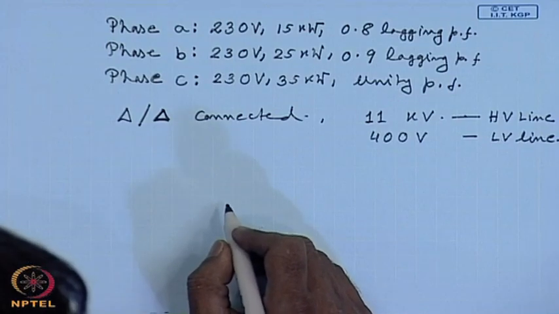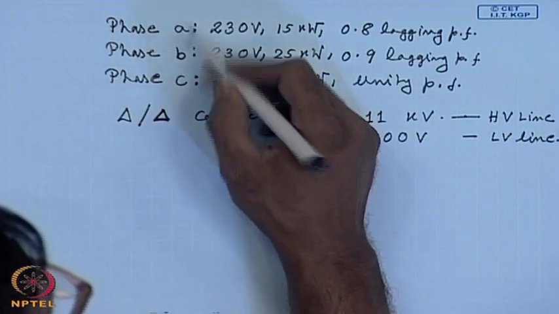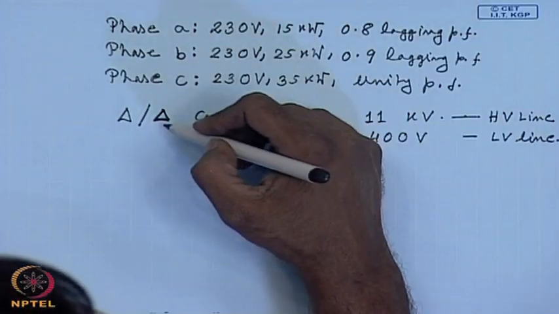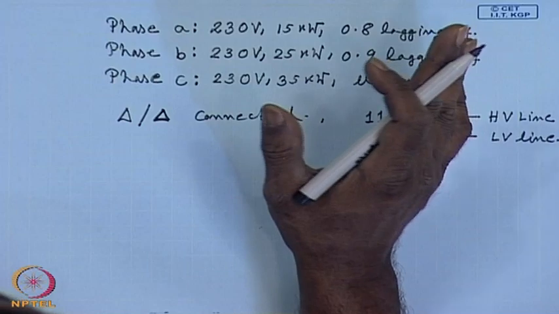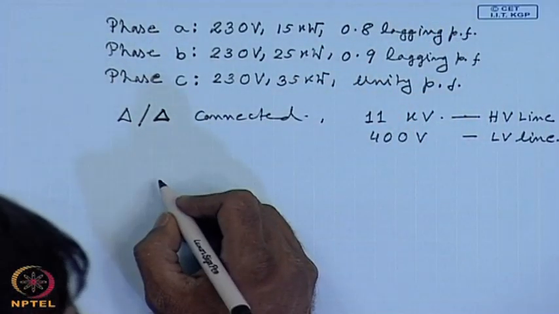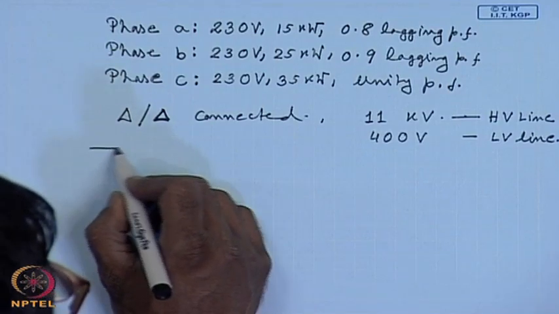Now, from the given load data, these loads are star connected though, but the neutral of the load is isolated. Since the transformer is delta connected, the neutral is floating. So, the phase A load connection is somewhat like this.